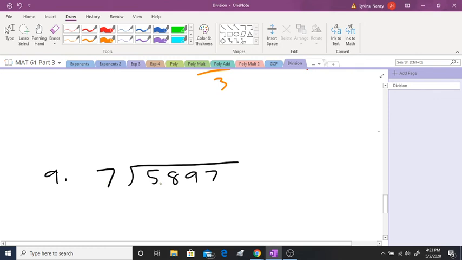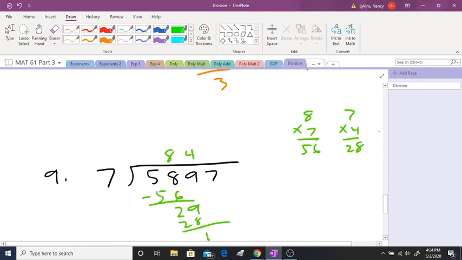So 7 goes into, we're looking at 58. How many times? Well, I know 8 times 7 is 56, so that has to be an 8. Subtract 56, and you get a 2, then bring down the 9 to make 29. How many times does 7 go into 29? Well, I know 7 times 4 is 28, so you would have a 4. 4 times 7 is 28.